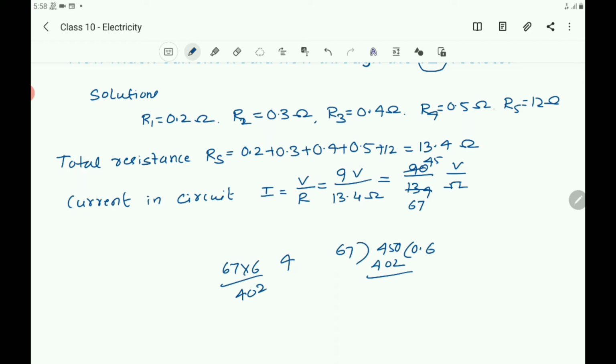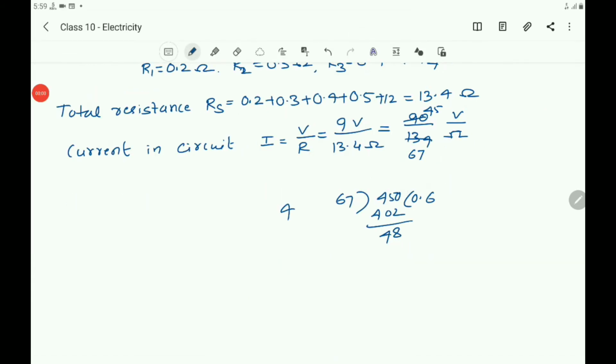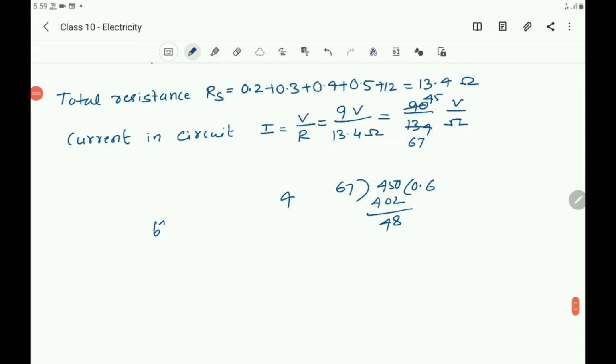Then 5 minus 2, 48 you will get, then 67 7s are 469, then you will get 11.